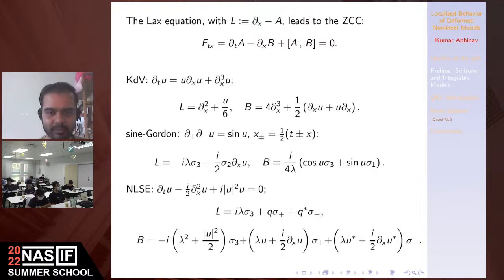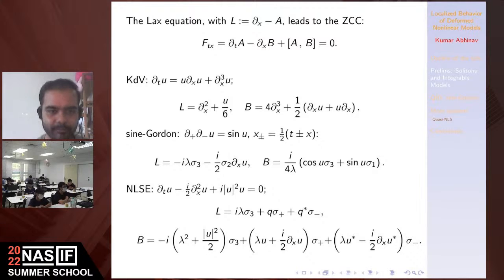Mathematically it is called curvature, but for us it is some quantity defined like this. It is 0. So it is called the zero curvature condition. So zero curvature condition means it is the equation of motion, nothing more than that. So if the curvature vanishes, we say the system is integrable. And from now on, people may call A, B the Lax pair, or you can call L and B the Lax pair. They are equivalent, you can understand.